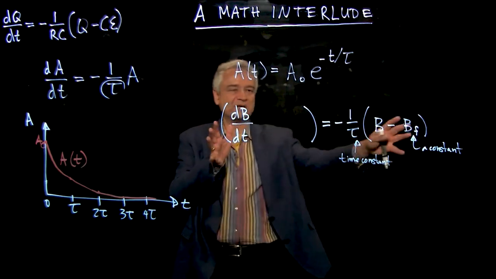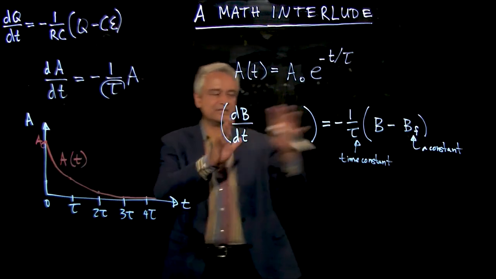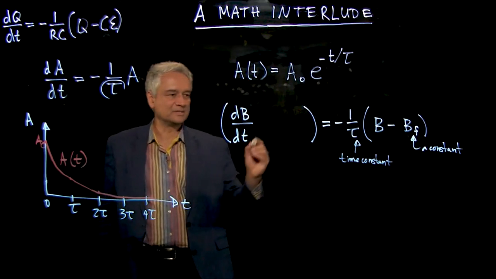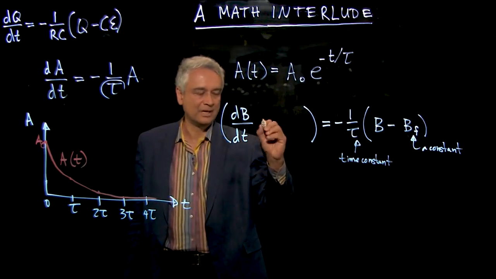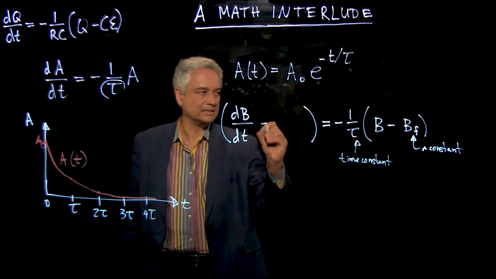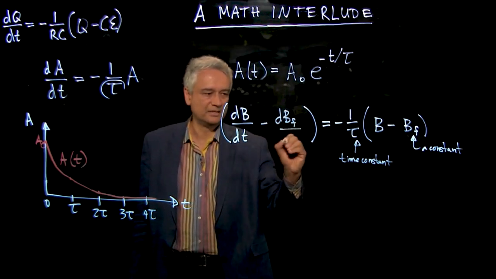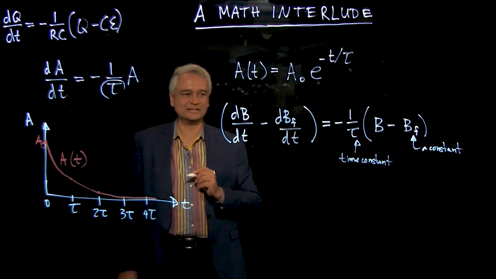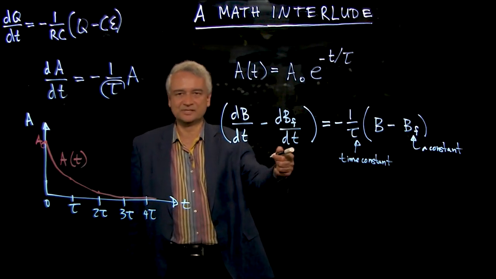Okay, so this is a differential equation. This is math. This is physics. And you can see that they're one-to-one related with each other. And now I want to solve this. And the way I'm going to solve this is I am going to put in here minus dBf dt. Now that's a pretty silly thing to do because Bf is just a constant, so dBf dt is just 0.